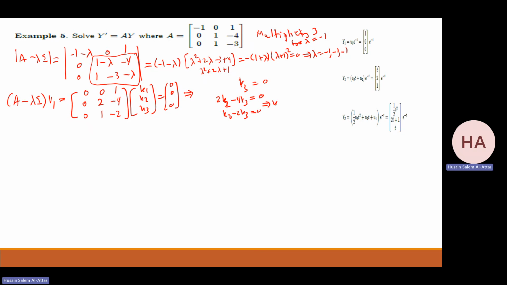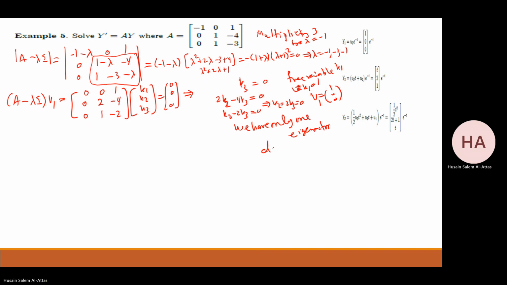From this, I'm getting K2 equal to K3 equals 0. So what is my free variable? I have only one free variable, which is K1. So I let K1 equal 1. So my V1 is 1, 0, 0. So we have only one eigenvector.